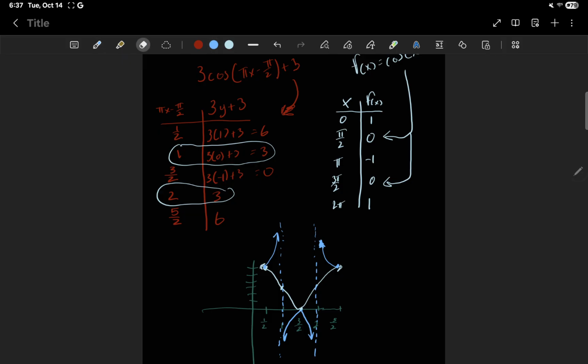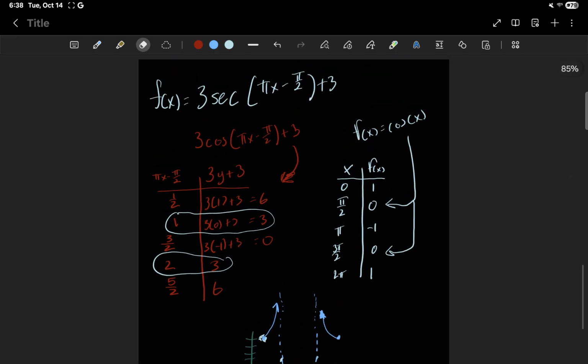So now if I can go back and erase cosine like that, this is the graph of the original function for secant.